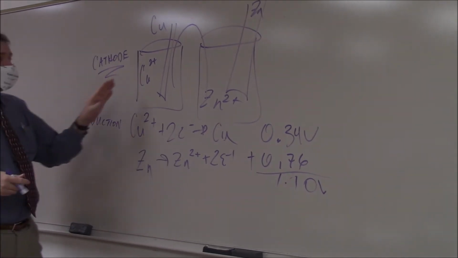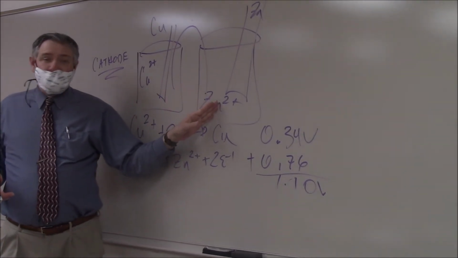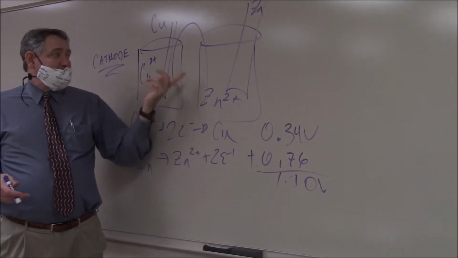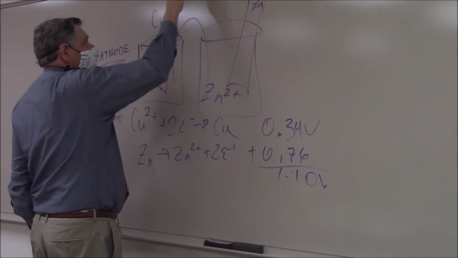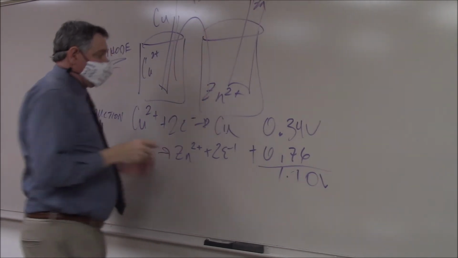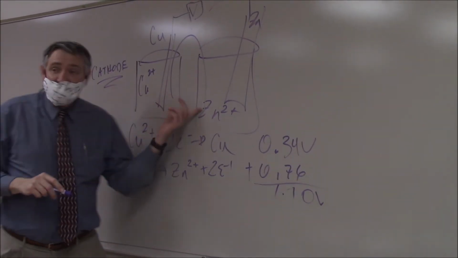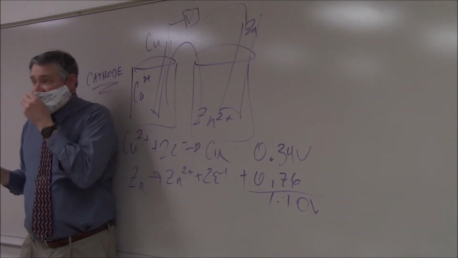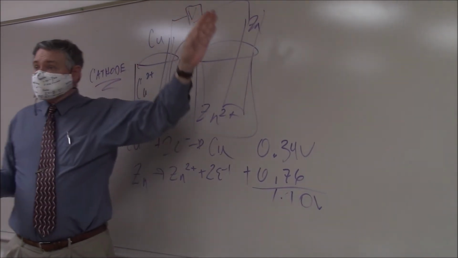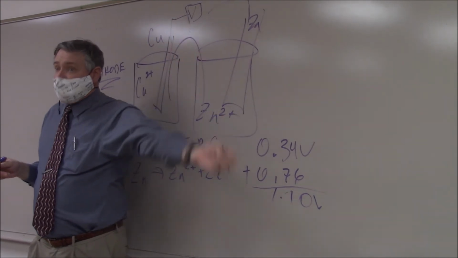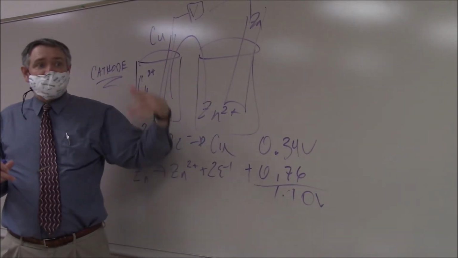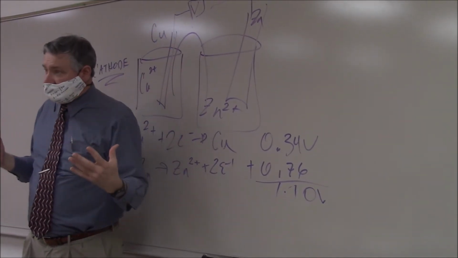So what we're doing is allowing that to happen, but by having this salt bridge and this voltmeter, we basically have a battery. Because that electricity is flowing, I can use it to do work, to turn a motor, to turn on a light, do something.